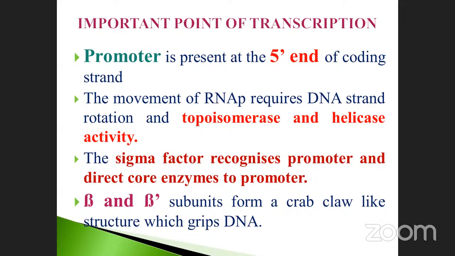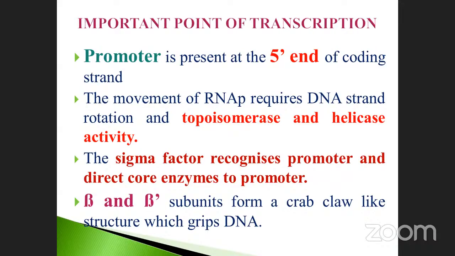Then only does the helical structure become straight, and then the movement will be very fast. That is the process. The third one is that the sigma factor recognizes the promoter and directs the core enzyme to the promoter.